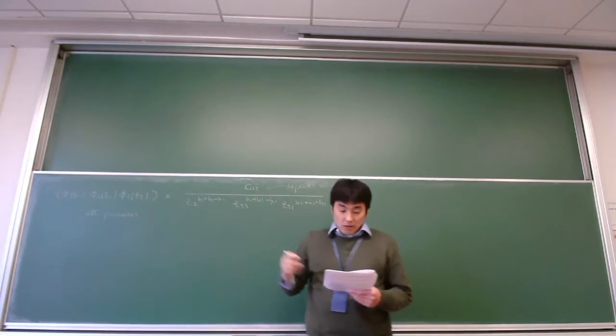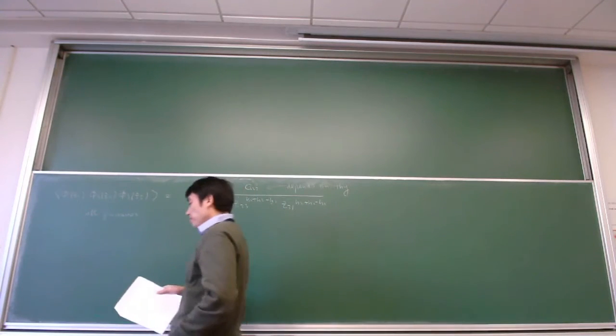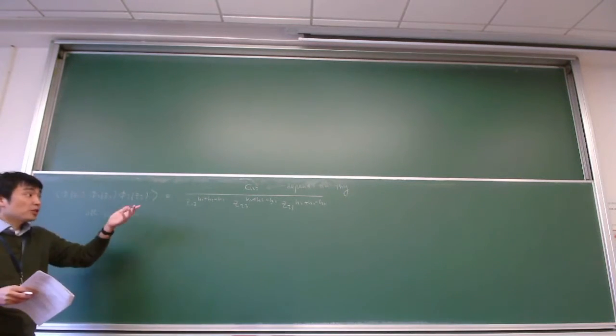And to determine this C123 is usually very difficult. In rational conformal theory you can do that, but the general conformal theory is not so easy. So there are lots of open problems to determine this C123.